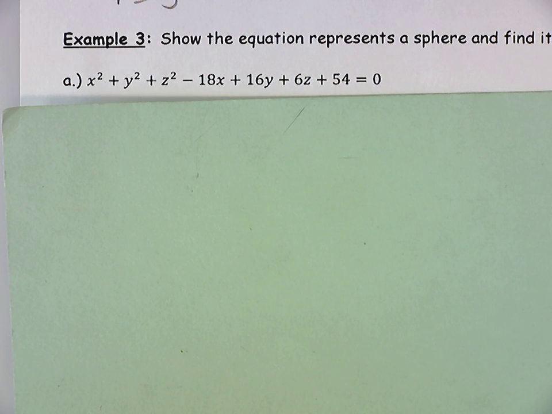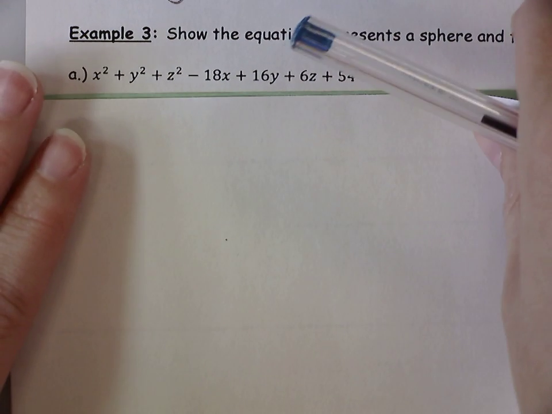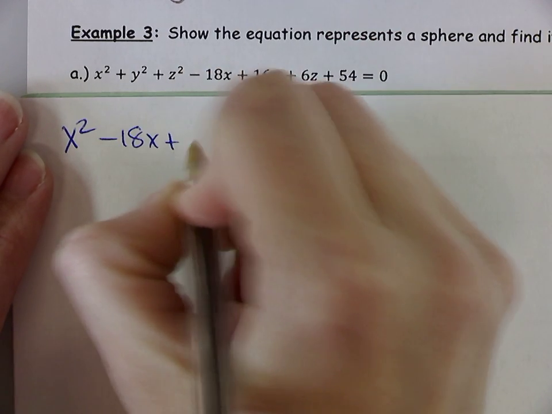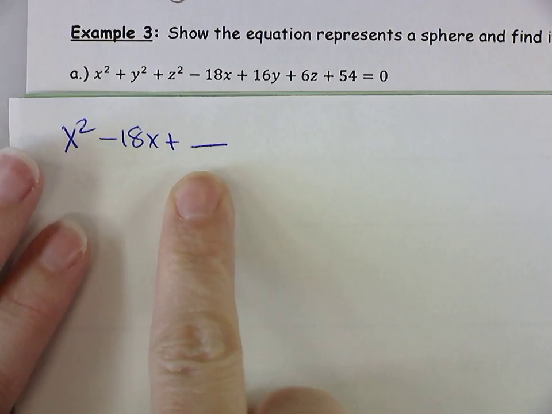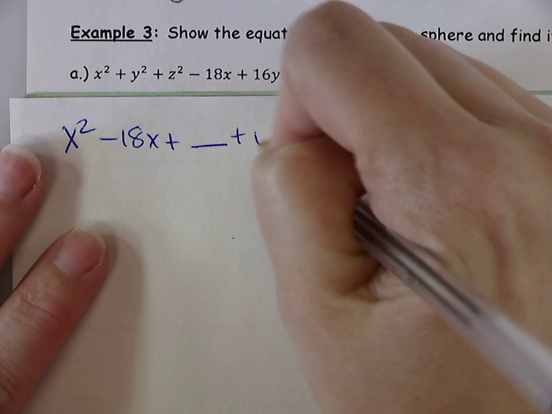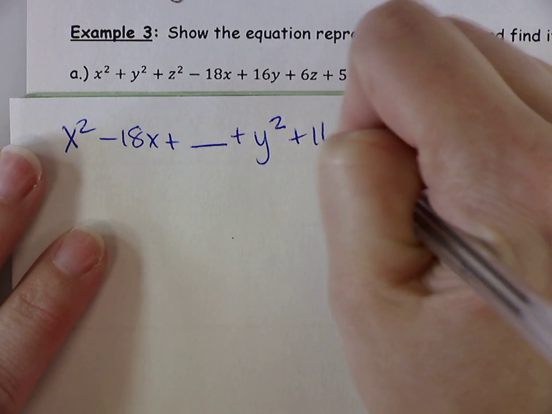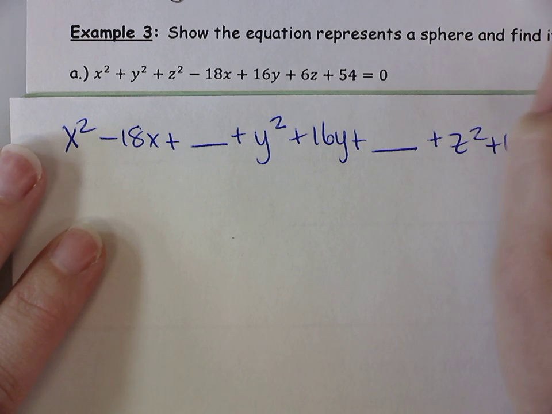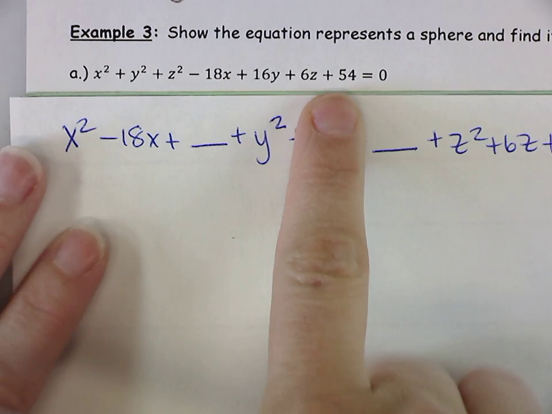I know some of you already did this, so feel free to move on to B. So I'm going to have x squared minus 18x, plus blank space for the actual completing the square process, plus y squared plus 16y plus blank, plus z squared plus 6z plus blank. But then I still have this 54.